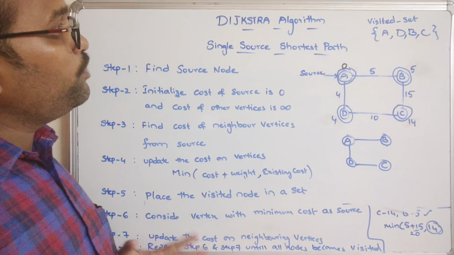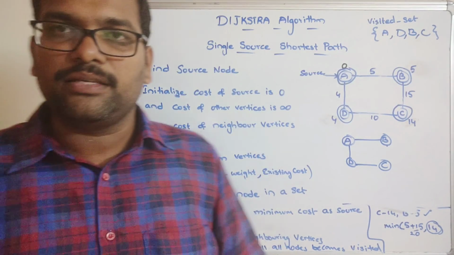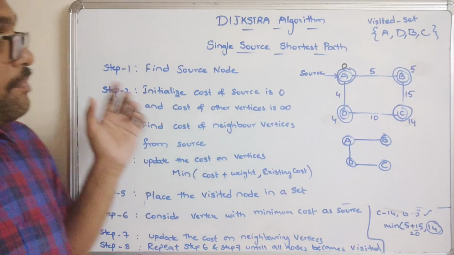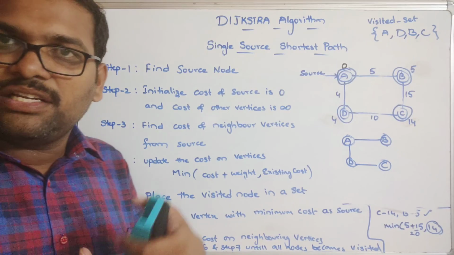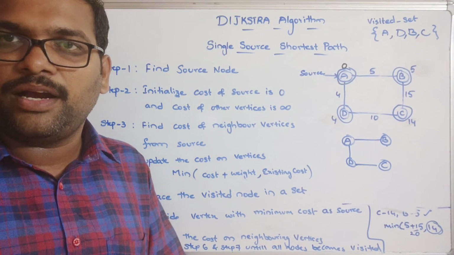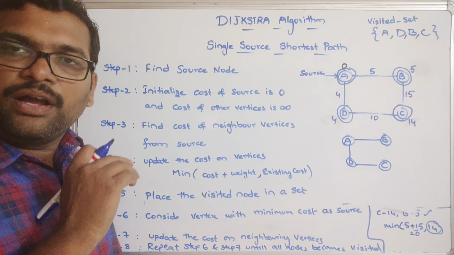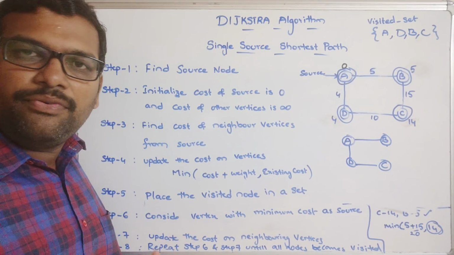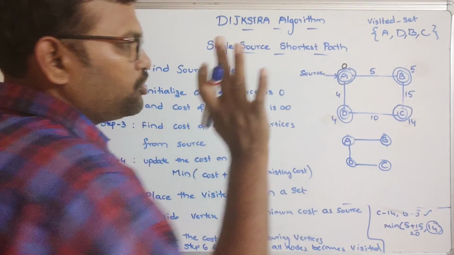So like this we have to apply the single source shortest path. Okay, so first I'll repeat once and I'll close. So in our next session we'll see one more example, right? So first consider any graph, any directed or undirected graph. So I am taking the undirected graph. So first select the source.